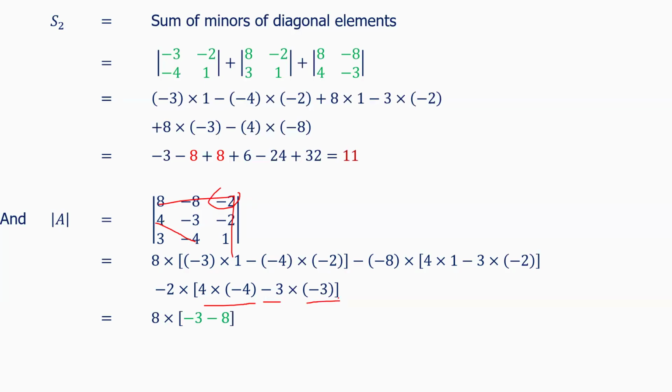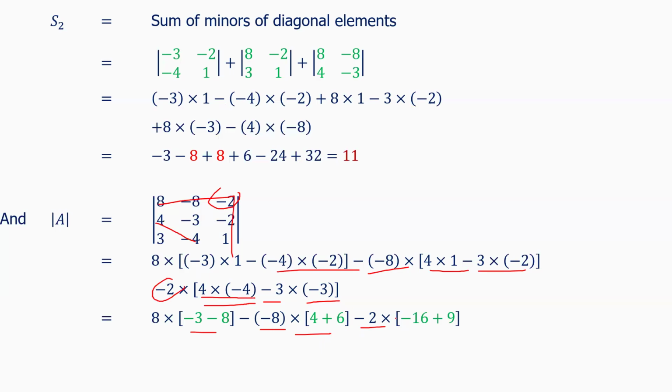So if we write 8 into minus 3 minus 8, minus of minus 8 is plus 8. Let me write: 4 plus 6, and minus 2. 4 into minus 4 is minus 16, and minus 3 into minus 3 is 9.